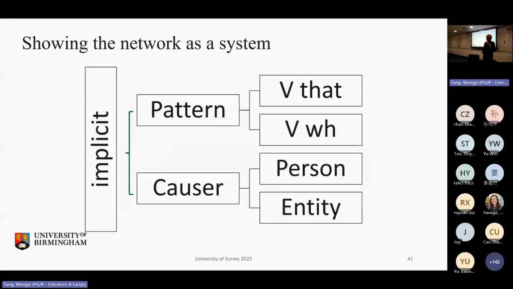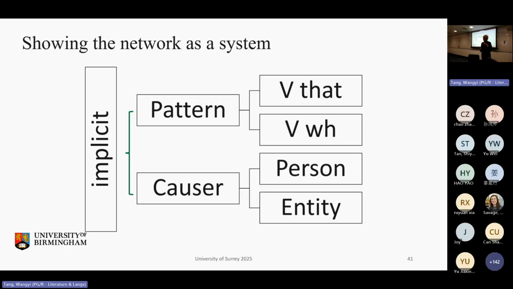So what a more systemic-y thing to do would be to say, if you want to express causation implicitly, you must choose between the patterns that are available, and simultaneously you choose between what the cause is. So you choose between the patterns, verb that clause or verb WH clause, and simultaneously you choose between the cause, whether it's a person or an entity.